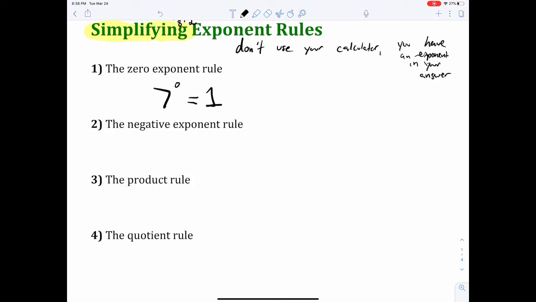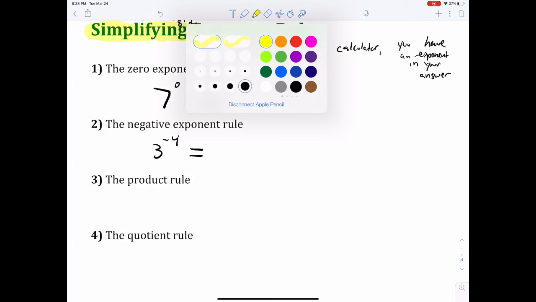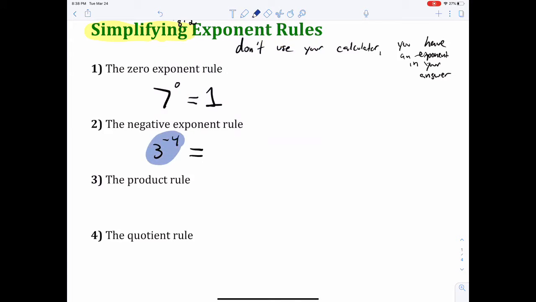The negative exponent rule says if you have something like 3 to the negative 4, to change that to have a positive exponent, what you're going to do is bring this whole part down to the bottom of the fraction. Except now the exponent is positive. It switches its sign, and that's going to be over 1. That's the negative exponent rule.